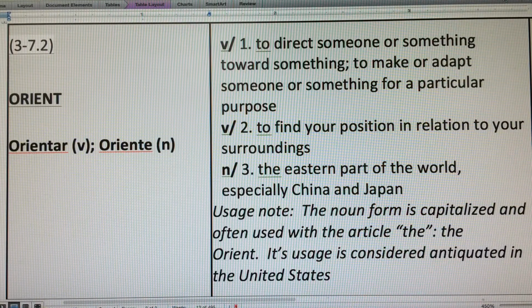So we say that the usage is considered antiquated in the United States, which means that we don't really use the term anymore. But sometimes it's used to describe Asian goods, products. You even still see a Bank of the Orient in some places around San Jose. But largely the term isn't used so much anymore.